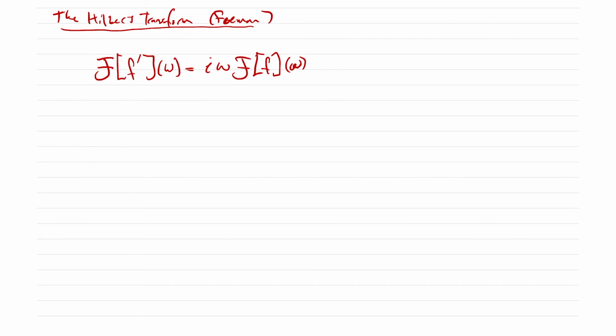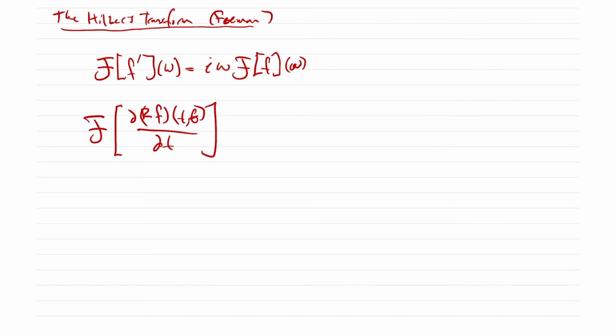Alright, so now if we transition to thinking about the Radon transform, what we can do is this. We're going to take a look at the Fourier transform of the partial derivative of the Radon transform of f, which is itself another function, evaluated at s, theta, and we're going to take the partial derivative with respect to t.